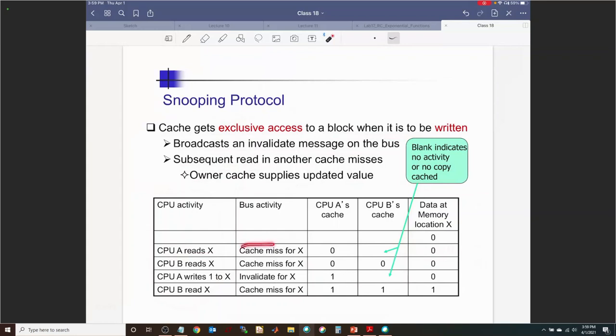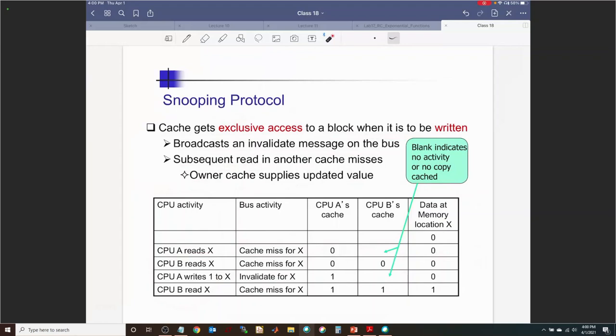So that's going to lead to a cache miss for X. That's the bus activity. If there is a cache miss for X, CPU A is going to go to memory and try to get the contents of memory location X, which are initialized at 0, into its own private cache. So it gets a 0 from there. CPU B has no activity. Data stays the same because we are just reading, not writing here.